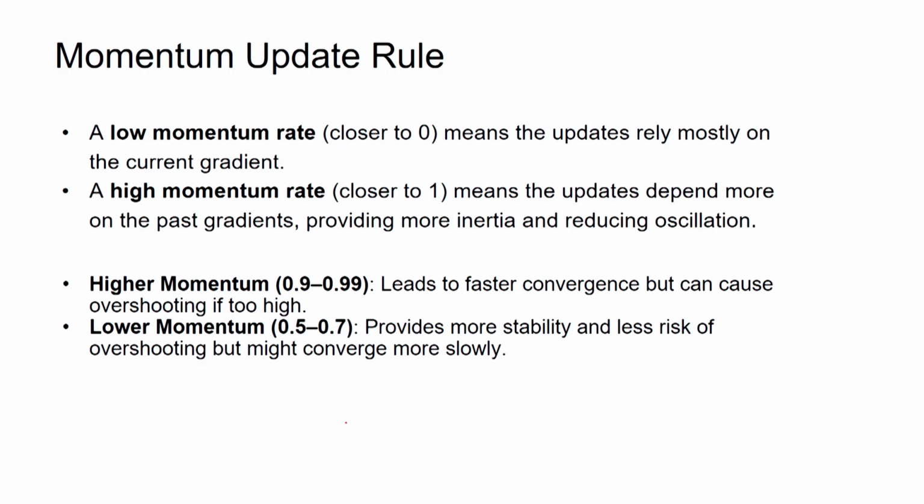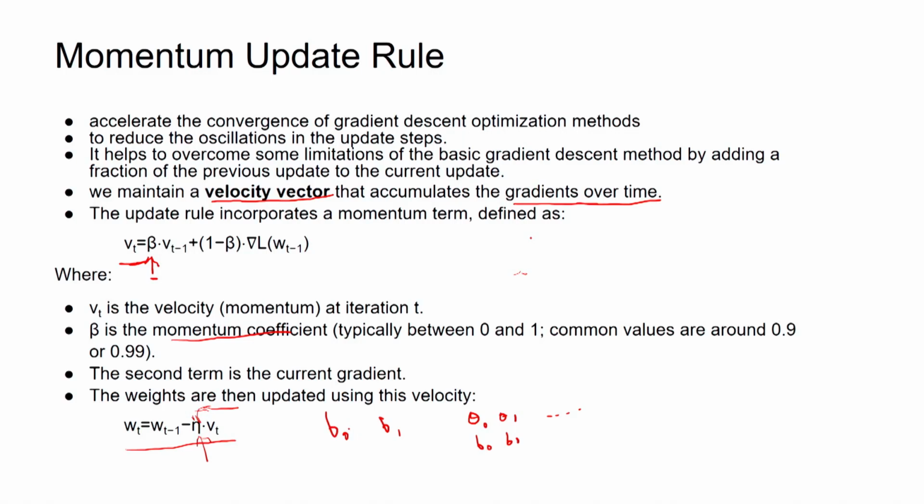Now, we can say that a low momentum rate, close to 0, means the update relies mostly on the current gradient. So, if this beta value is low, we are not using the previous gradients to any extent.